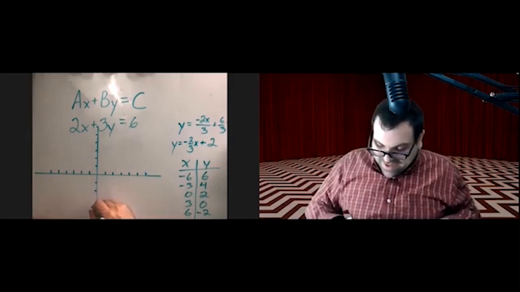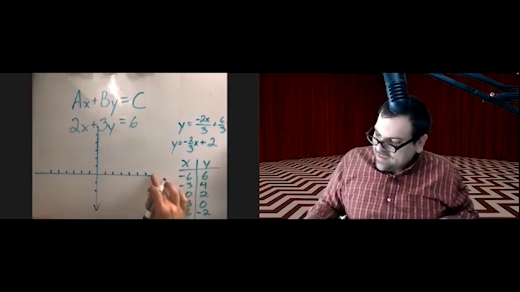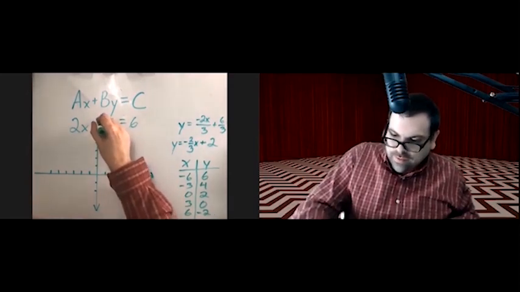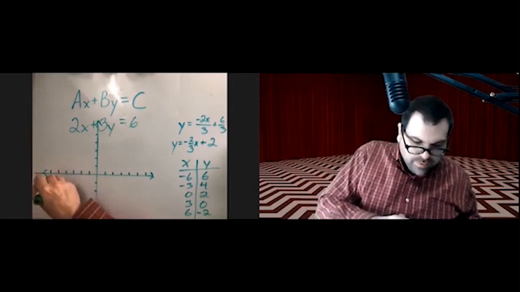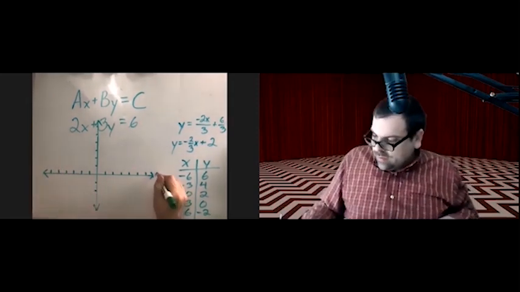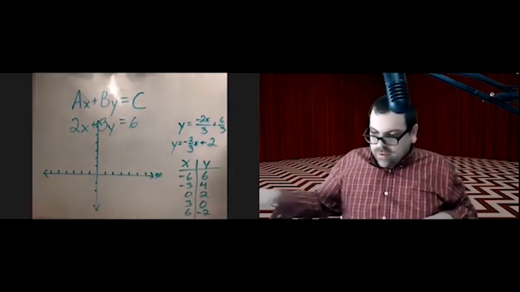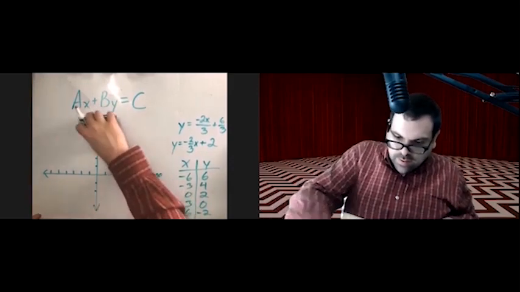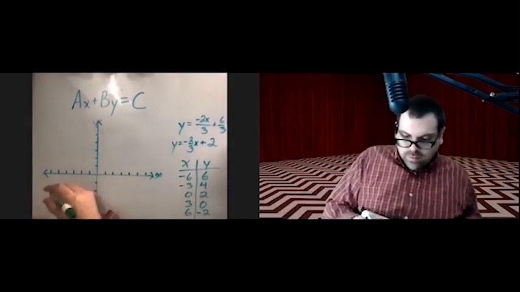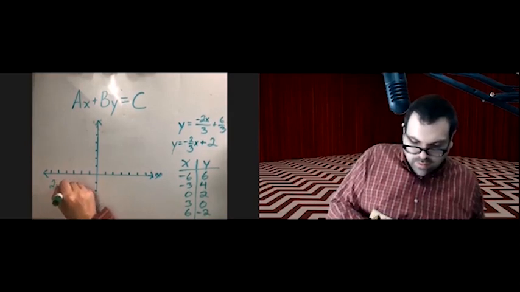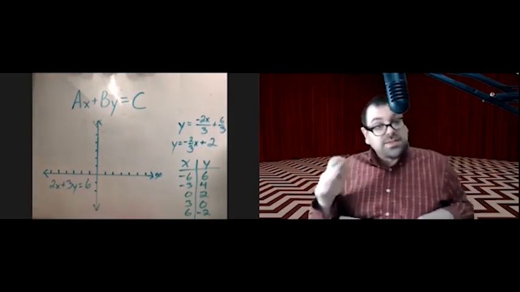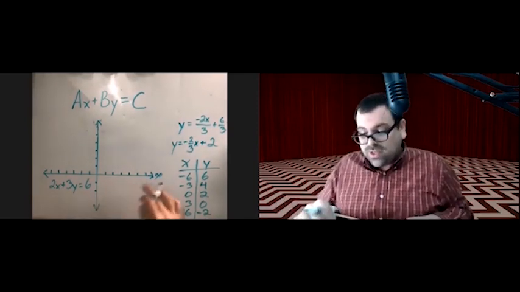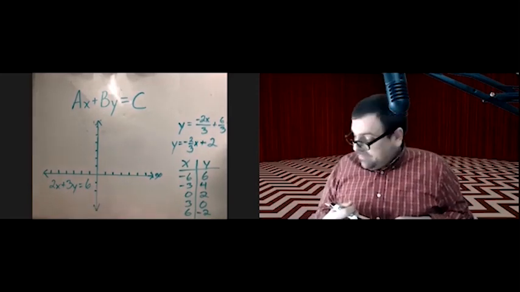Let's try this again. So this is 2x plus 3y equals 6 using these points on an actual scaled graph.